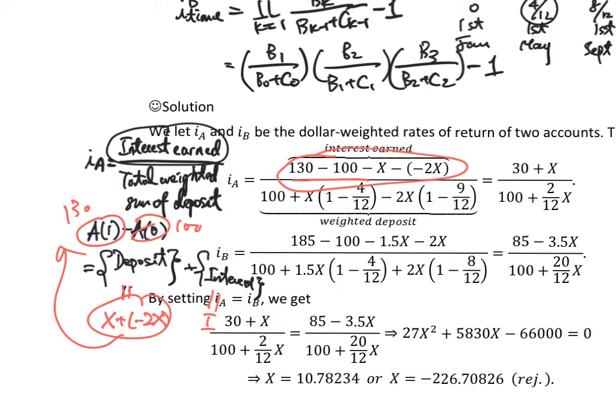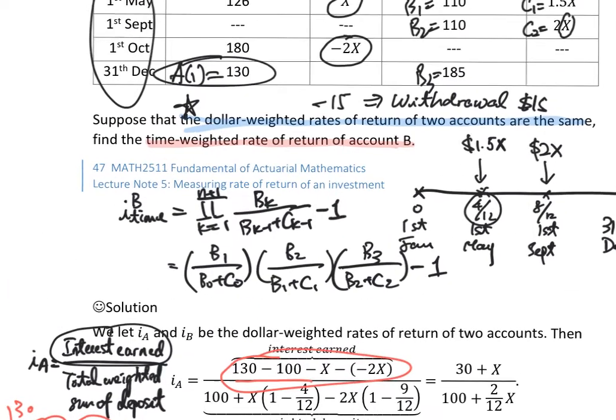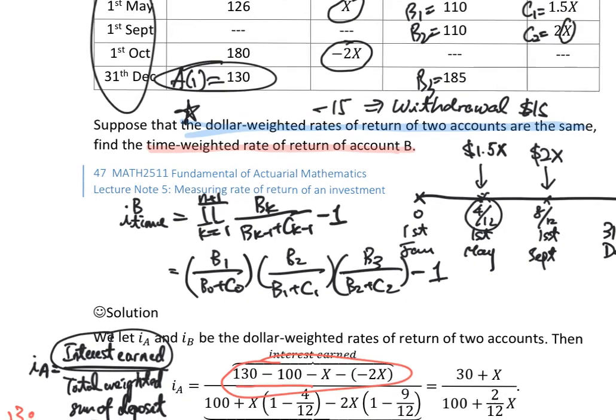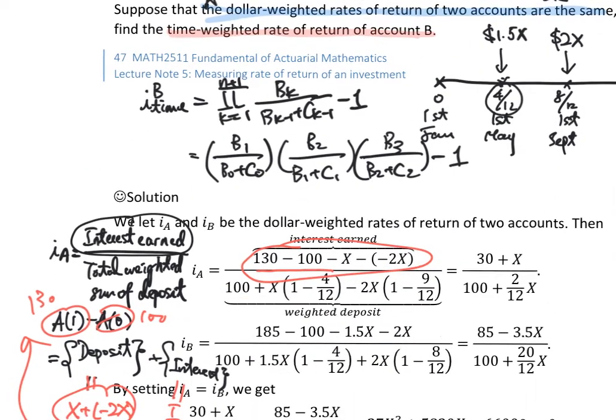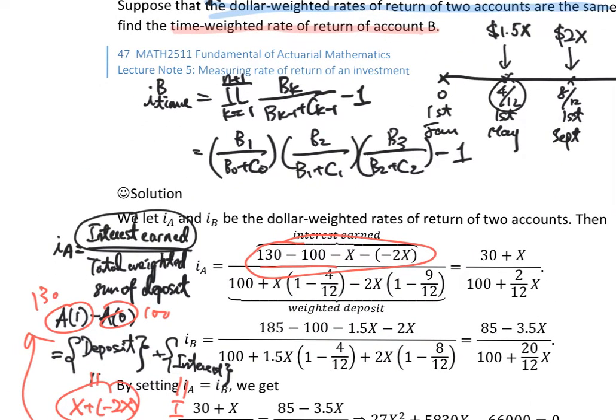Now how about the denominator? For the denominator, that will be the weighted sum of the deposits. First of all, this is for the initial balance, which is the amount that stays in the account for 1 year.